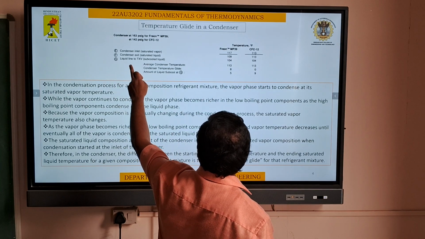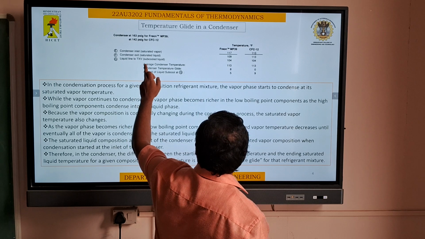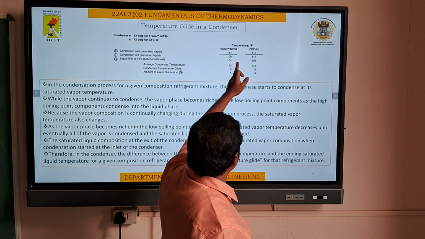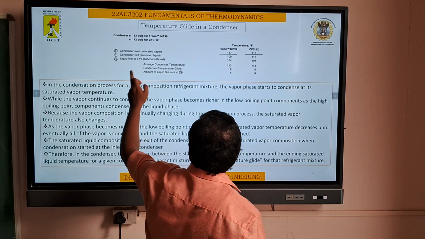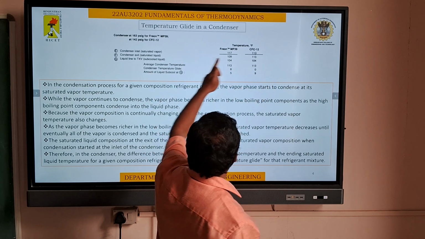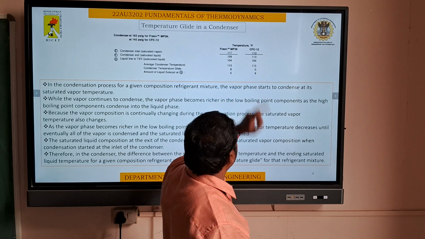So the liquid line to the thermostatic expansion valve carries subcooled liquid. It is almost 104 degree Fahrenheit, and here also 104 degree Fahrenheit. So you can take the average temperature of this. The condenser average temperature is 113, and for CFC12 it is 113.